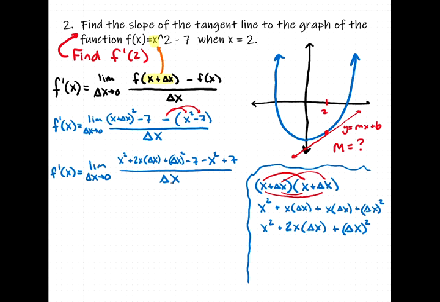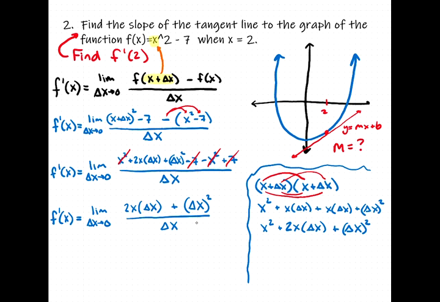Okay, we could do some canceling here. We have a positive x squared and a negative x squared. We have a negative 7 and a positive 7. Okay, so we're down to, let's say, f prime of x is equal to the limit as delta x approaches 0. And we're left with a 2x times delta x plus our delta x squared all over delta x.